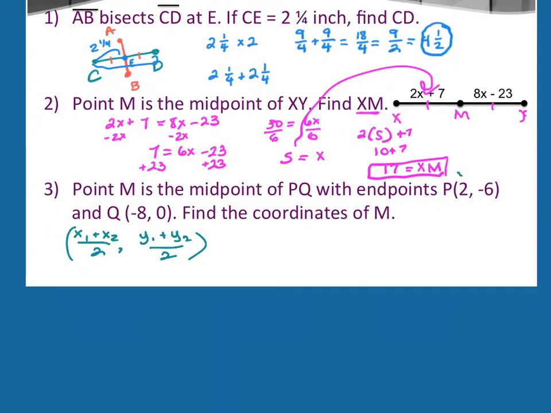So I'd get 2 plus -8 over 2, and -6 plus 0 over 2. I'd get -6 over 2 and -6 over 2, which is -3 and -3.